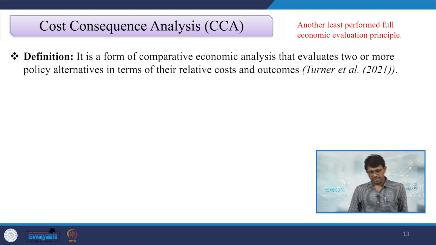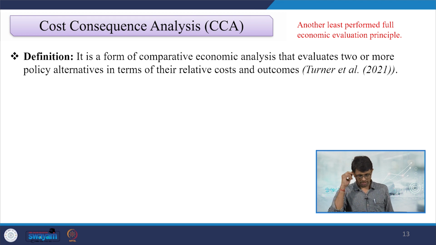So, what is then the CCA? Once again, another least performed full economic evaluation principle, the last two principles we have said. In fact, it is a form of comparative economic analysis that evaluates two or more policy alternatives in terms of their relative cost and outcomes.